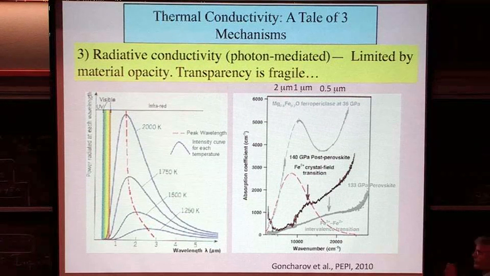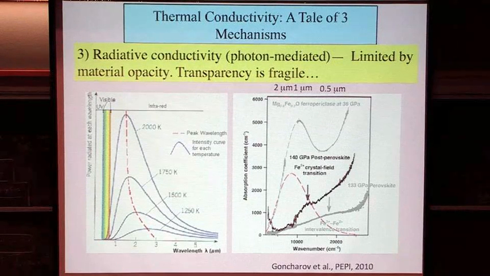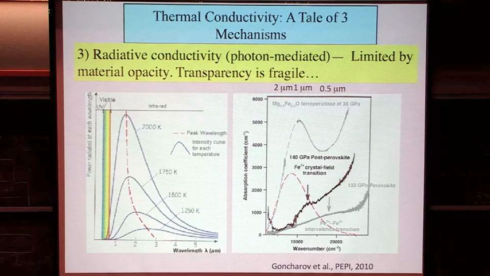I'm not going to belabor the details too much, except to say that you have a spectrum of post-Perovskite at 140 GPa, a spectrum of Perovskite at 133 GPa, Periclase at 36 GPa, and a spectrum of MgFeO.